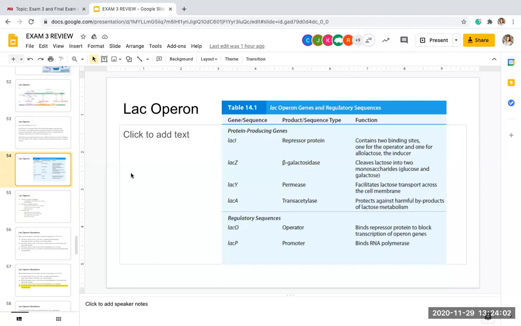Because if you mutate your LAC-O to make it constitutively express, it does not matter whether the lactose is there. It does not matter whether the lactose is not there. It's going to express it no matter what. Okay. Did anyone have any other questions?